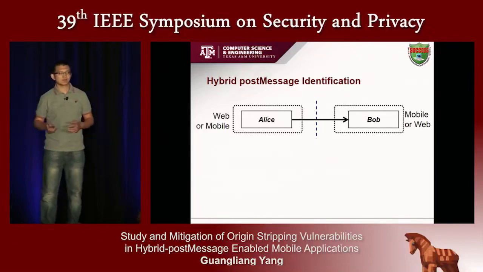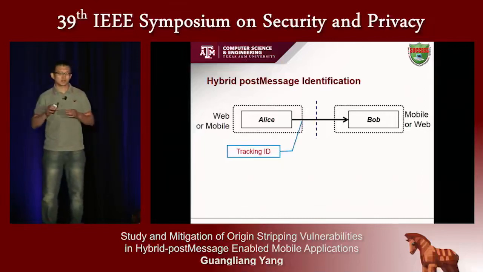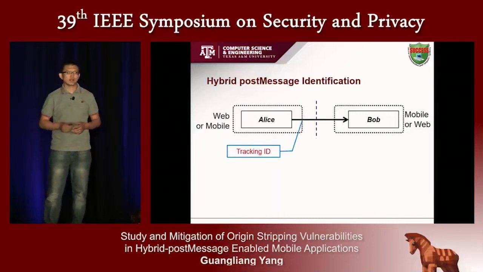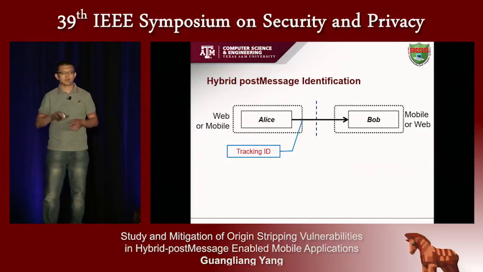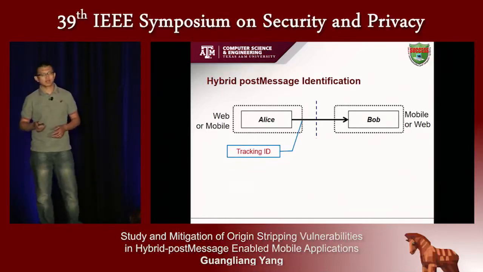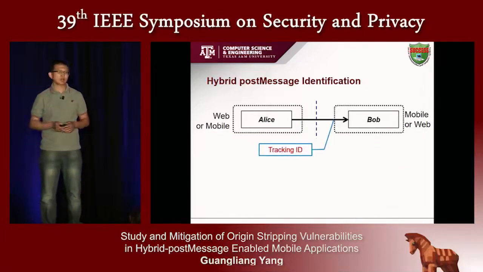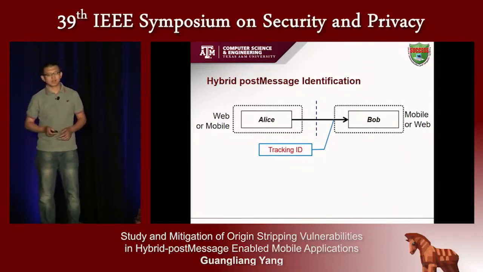To mitigate this problem, we do some program analysis and instrumentation, and inject a tracking ID into any potential message that may be transferred across the boundary between the web and mobile platforms. If the tracking ID is finally found in the other platform, the corresponding functions may be message senders and message receivers.